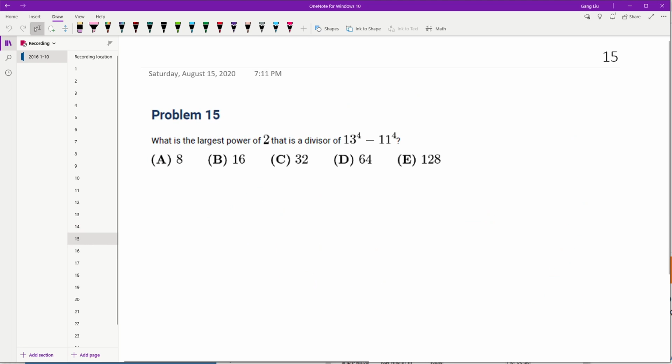Problem 15. What is the largest power of 2 that is a divisor of 13 to the fourth minus 11 to the fourth?